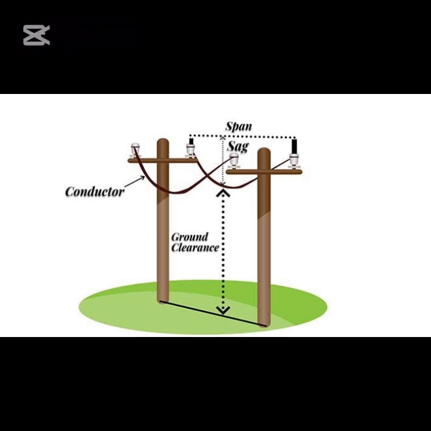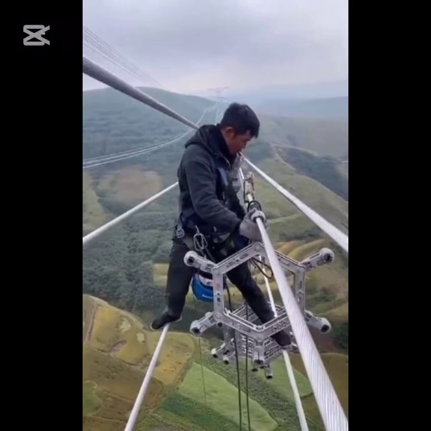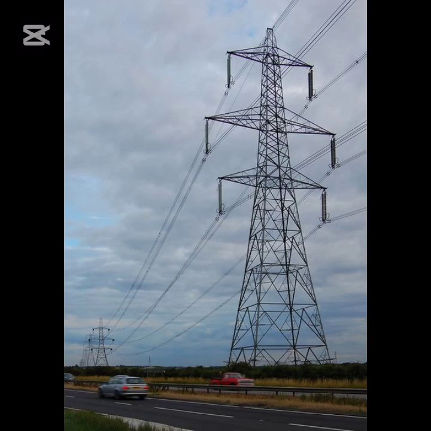Let's explore factors affecting sag in transmission lines. Several factors contribute to the amount of sag in a transmission line, including: 1. Line weight. The heavier the line, the more it will sag. 2. Span length. The distance between supporting structures affects the amount of sag.